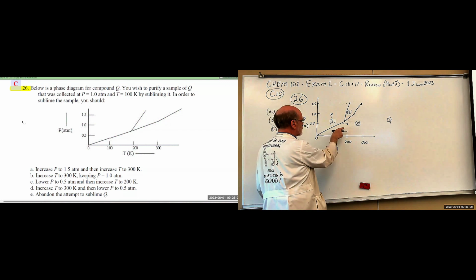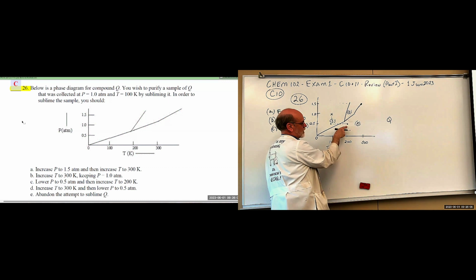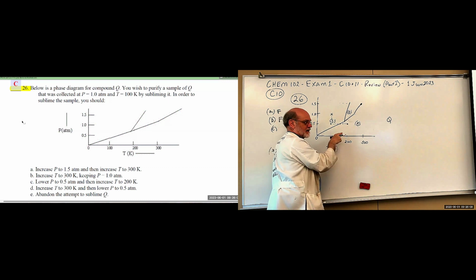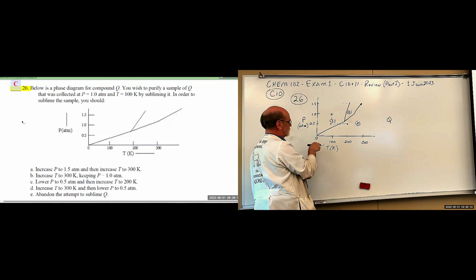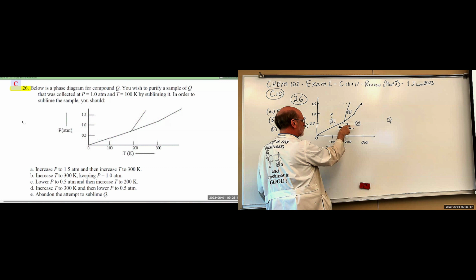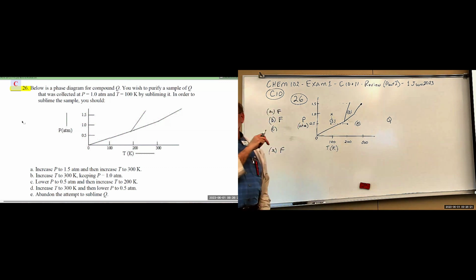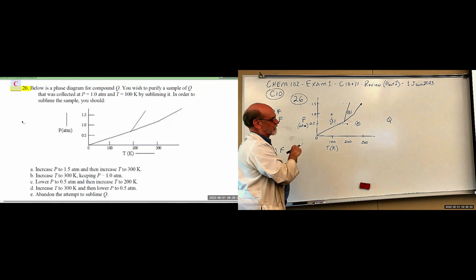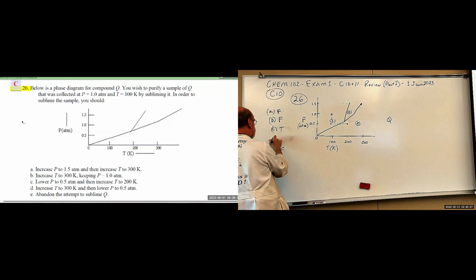But I think it left out a step. Once you get it in the gas, if you want to recollect it, you've got to cool it down again, back to this region to make it a solid again. But that looks like it's the best answer so far. That was true.